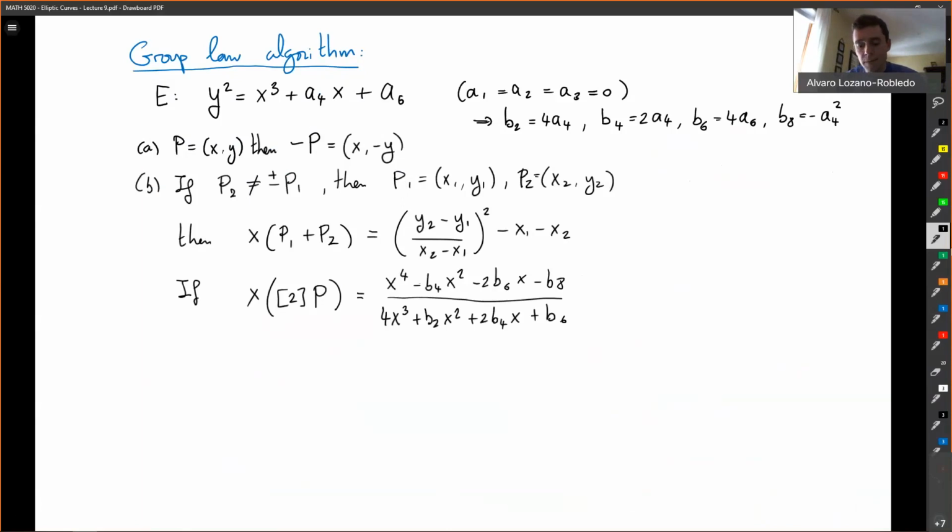Okay. So typically the doubling formula is a little bit more useful than the rest.